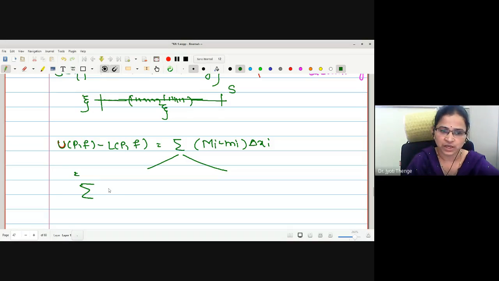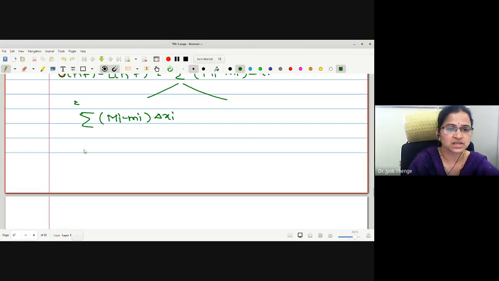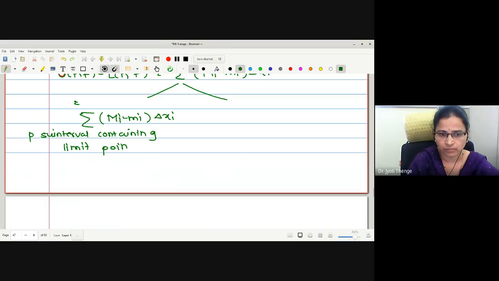First, capital Mi minus small mi into delta xi over these subintervals we have selected, p subintervals containing limit points.